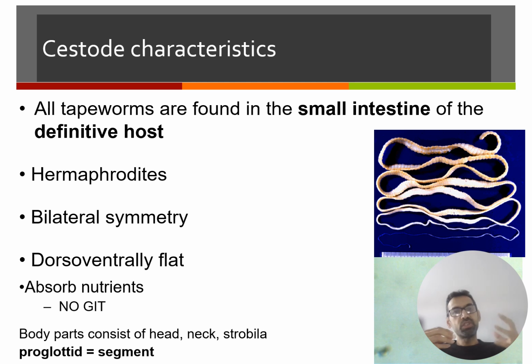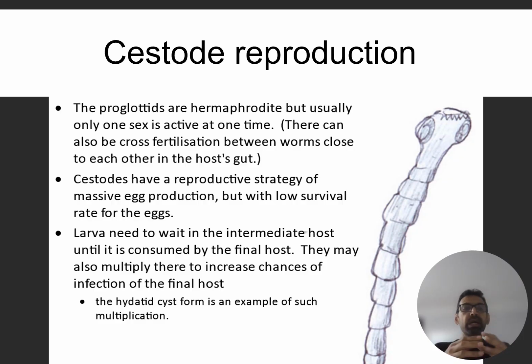The body consists of a head, shown here in this picture, a neck, and the strobila. These are the long segments, and the small pieces inside are called proglottids. The proglottids of these cestodes are hermaphrodite because the sex organs are present in these proglottids, and each sex organ is active at one time.